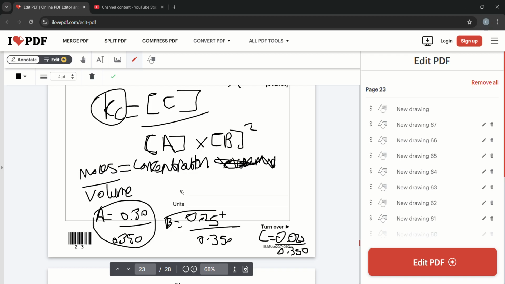This is the concentration of A, this is the concentration of B, this is the concentration of C. Substitute into the equation. So we get 0.020 divided by 0.350, divided by A, 0.30 divided by 0.350, times B, 0.25 divided by 0.350 squared, and we get Kc is equal to 0.1.